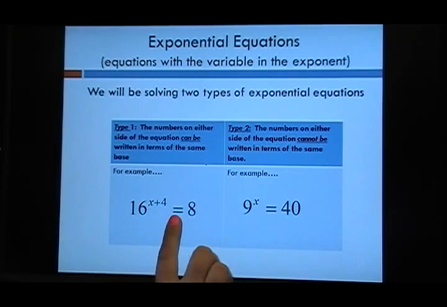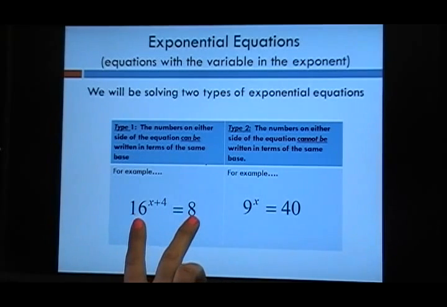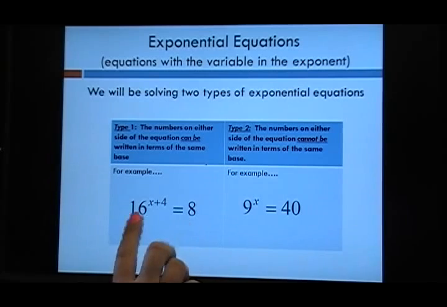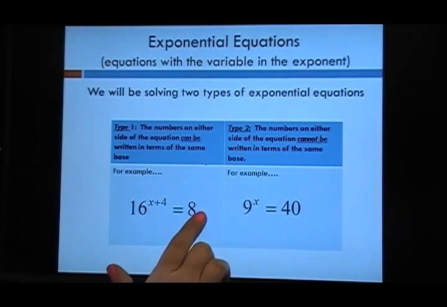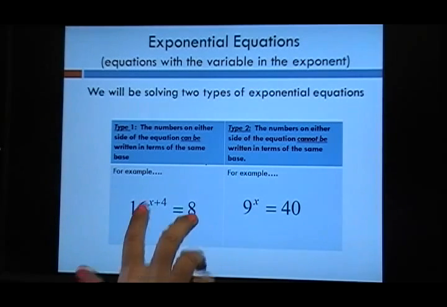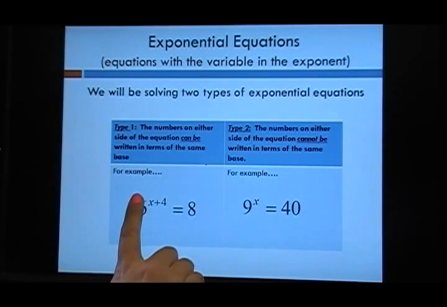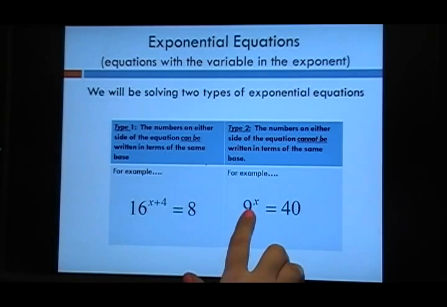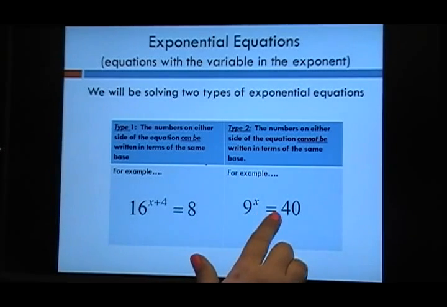So here, 16 and 8, those are both powers of 2. So 16 is 2 to the 4th power, 8 is 2 to the 3rd. So if I rewrite those as powers of 2, then I would have both sides in terms of the same base.